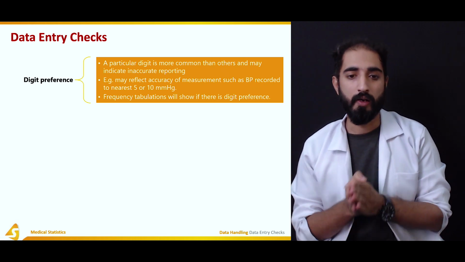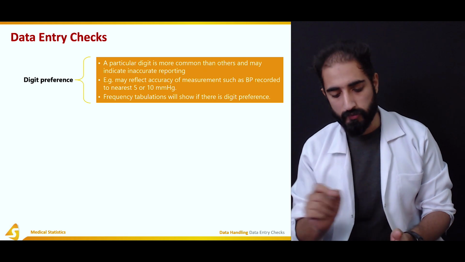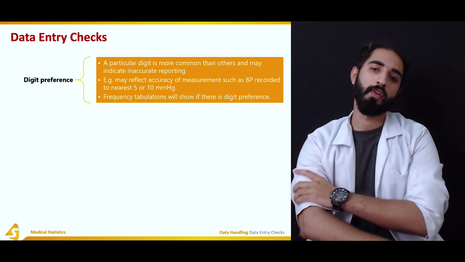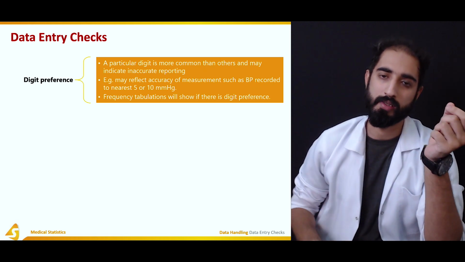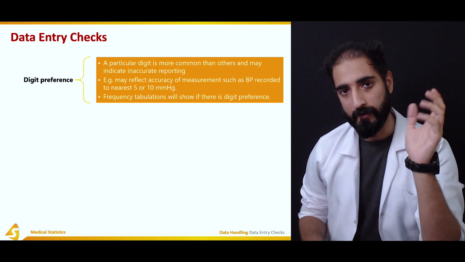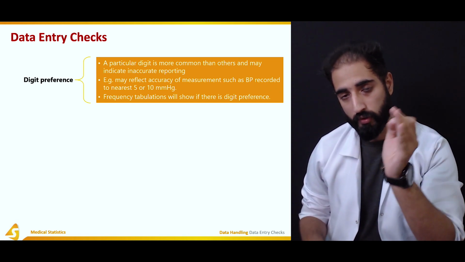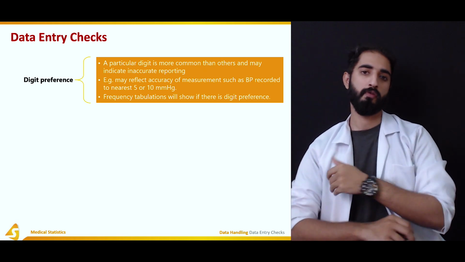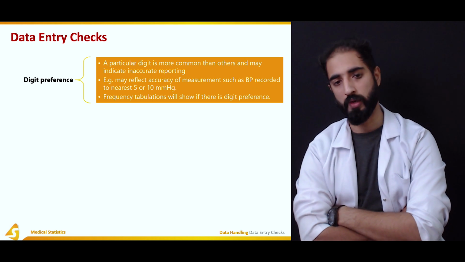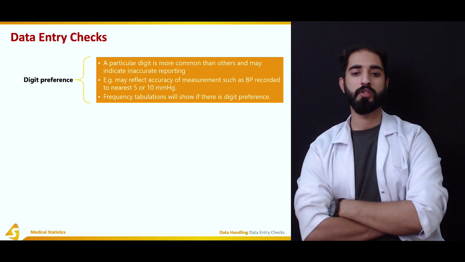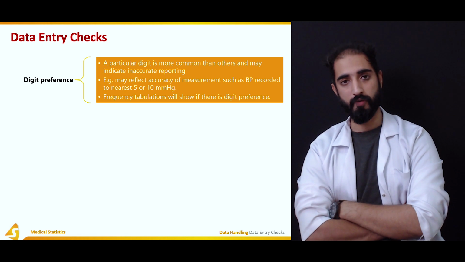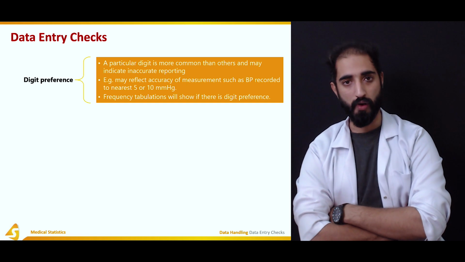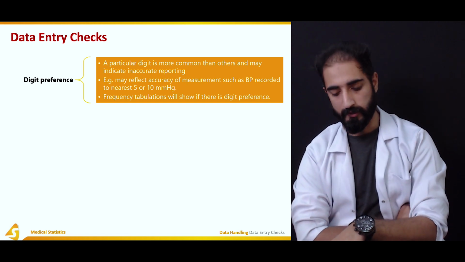For example, if a researcher is recording blood pressure to the nearest 5 or 10 millimeters of mercury, and you always have the responses rounded off to the nearest 5 or 10, you can identify that there is a digit preference at the level of data collection or data entry. Secondly, frequency tabulations will show if there is a digit preference, and how we can use frequency tabulations for data entry checks we are going to talk about in the upcoming slides.